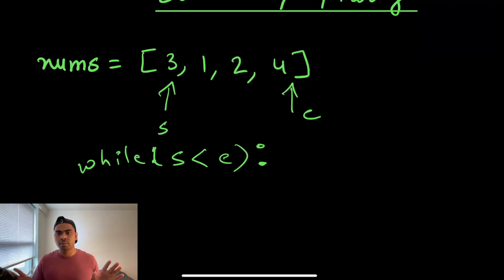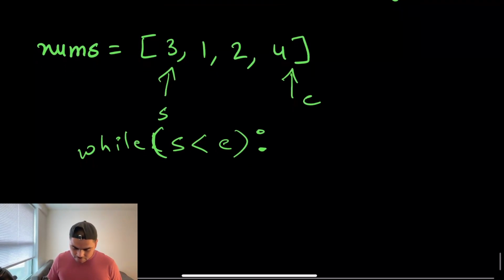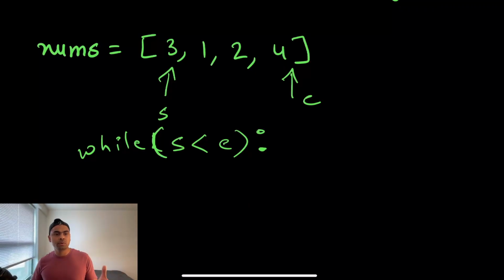We don't need to change anything about that number, because it will either be part of the even or odd. So if s is lesser than e, we will have to check if s is pointing to an odd number. If it is, then let's send it back to our end.